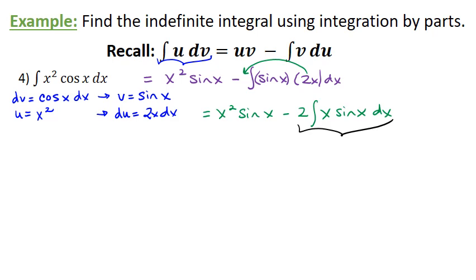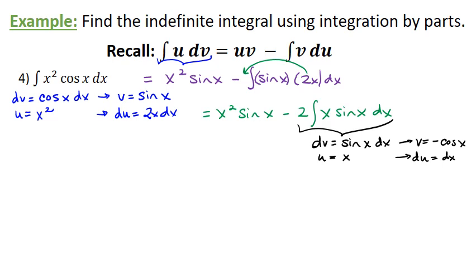So just like before, we need to identify dv, we need to identify u. So dv is sine of x, and that means u is x. So v is negative cosine of x, and du is just 1 dx.